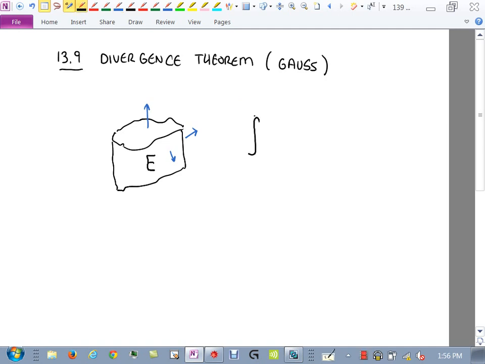I believe I messed up the formula. I did. I left an integral off. Do y'all see it on your formula, divergence theorem? Did I leave it off? Yeah, the triple's okay, but the first one is supposed to be a double. So you might want to correct that.